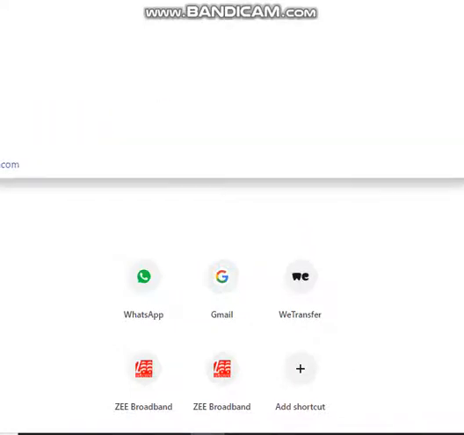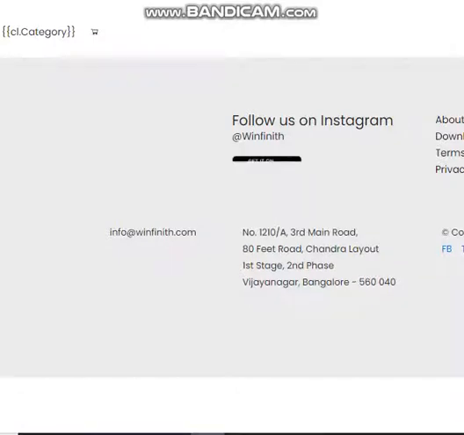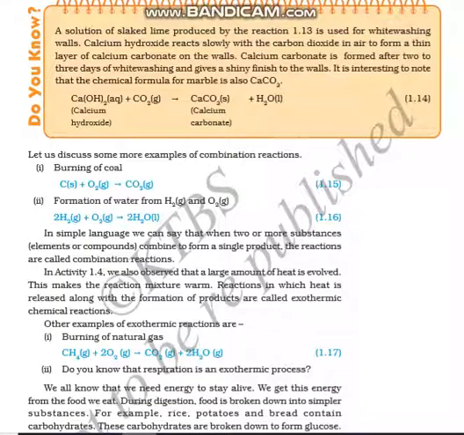And the reaction in which the heat gets evaporated, the heat flies off, that kind of reaction is called an exothermic reaction. Let us take the example of exothermic reaction according to your textbook.